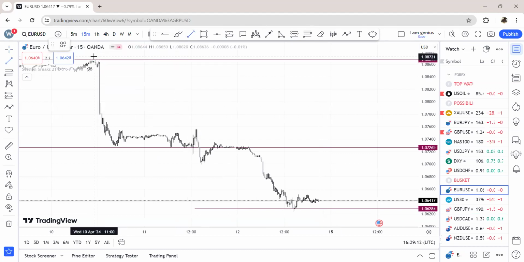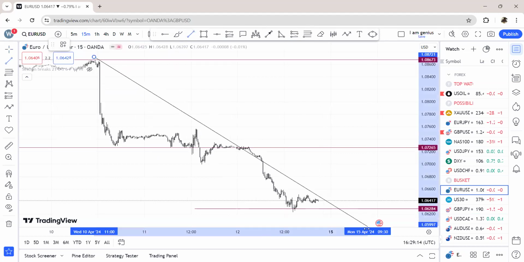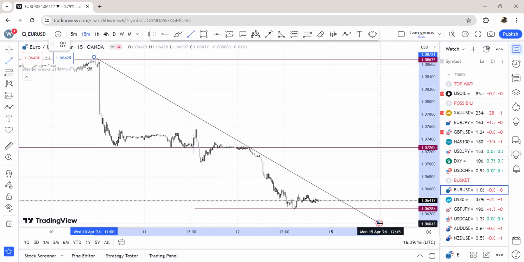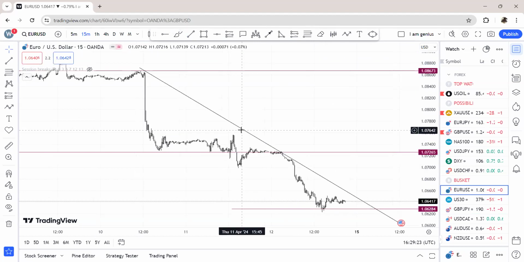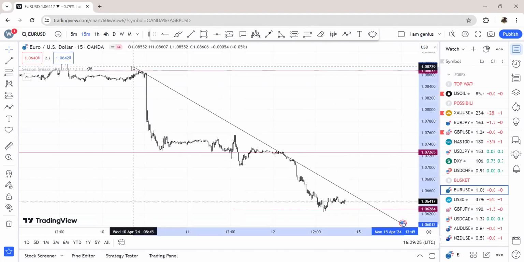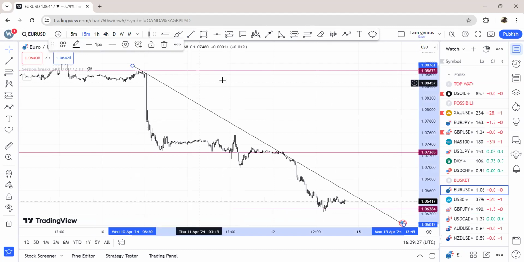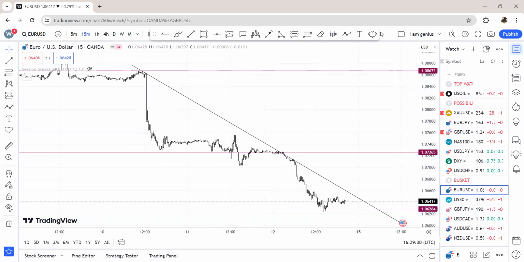kind of see at what exact level the market is likely to turn. So you can see, right? It seems like the market has been respecting this level.